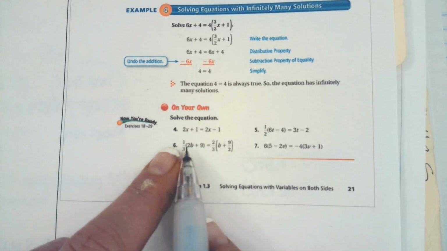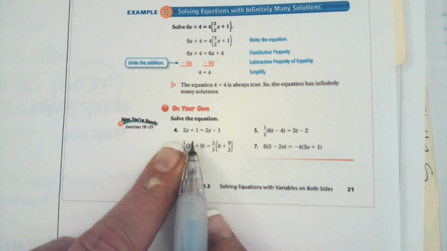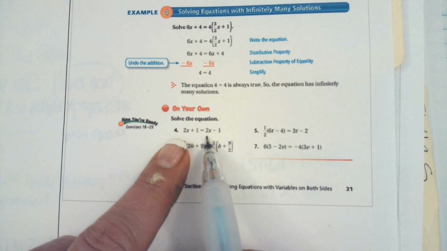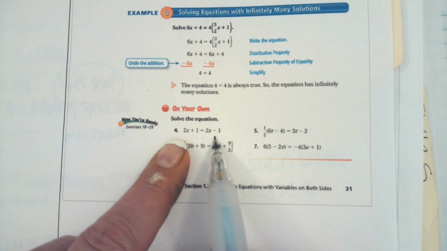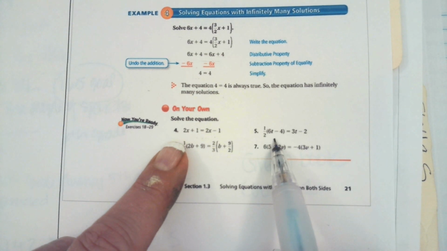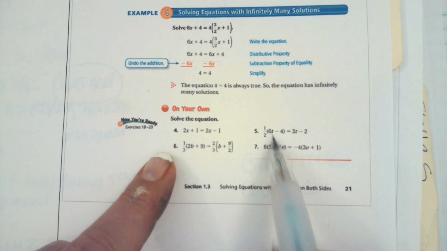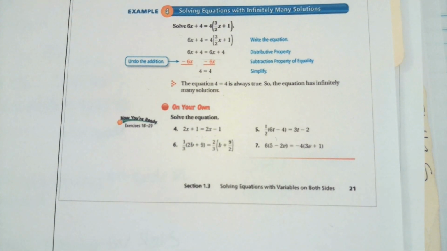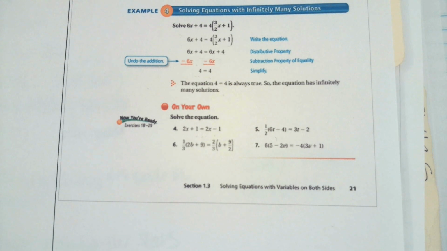So say you do number 4 and it says, and I'm just making something up, 3 equals 2. That would be a no solution one. And if you had this and it equals 6 equals 6, that would be this one. It has infinitely many solutions, so you would write 6 equals 6, infinitely many solutions. That would be your total answer.